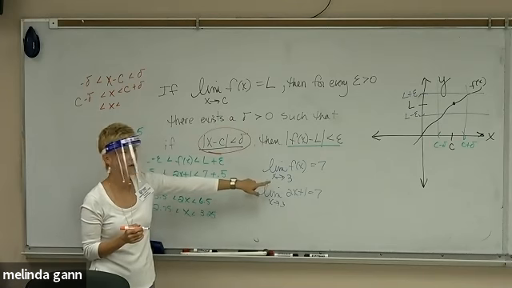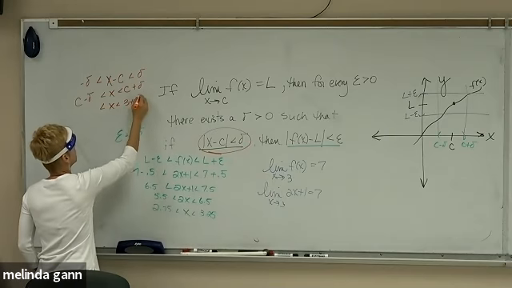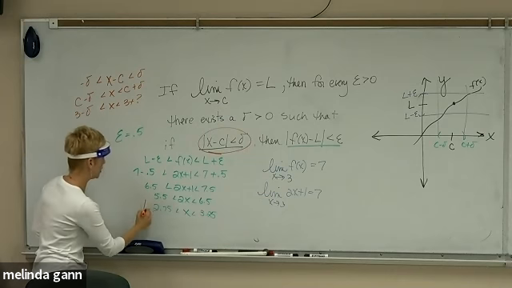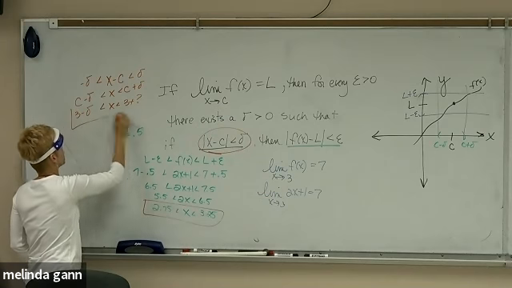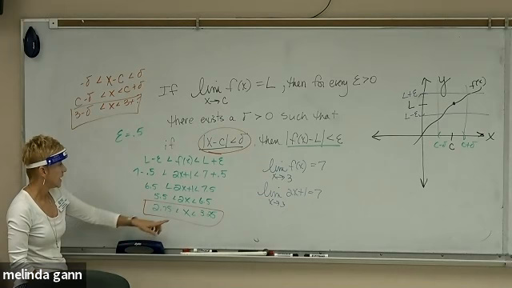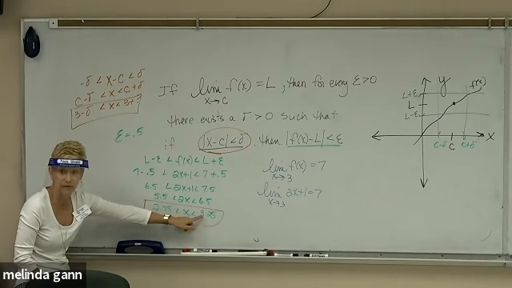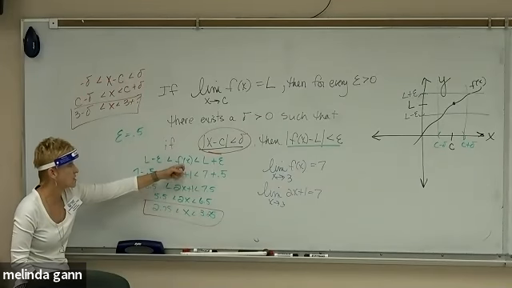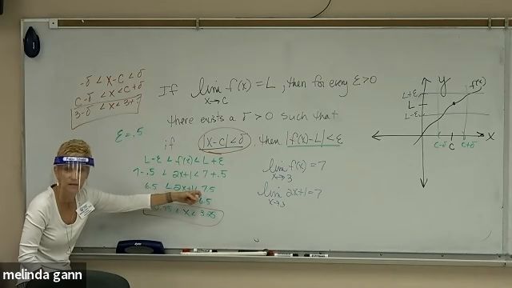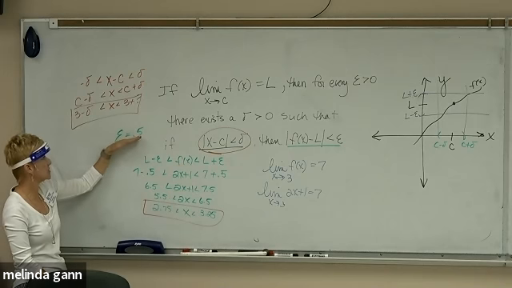What's my c down here? 3. Now, look at this form right here and look at this form right here. If I keep x between 2.75 and 3.25, wouldn't that force this y value to stay between 6.5 and 7.5? So you chose epsilon to be 0.5.